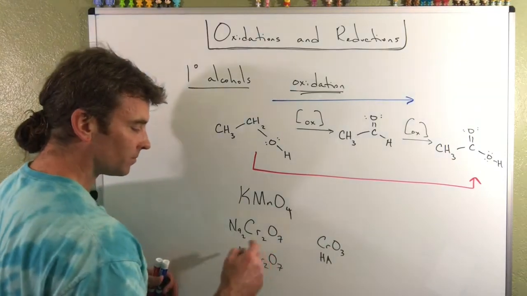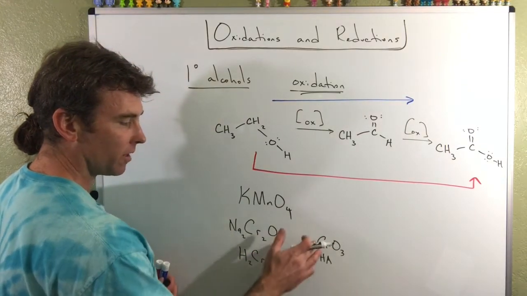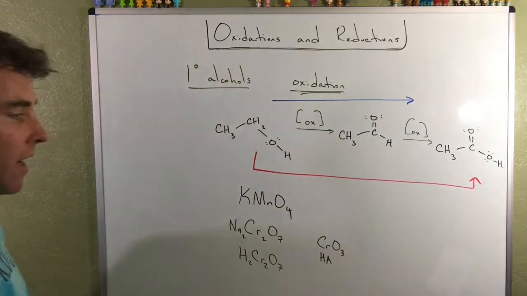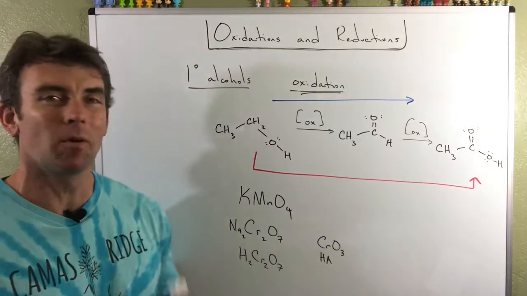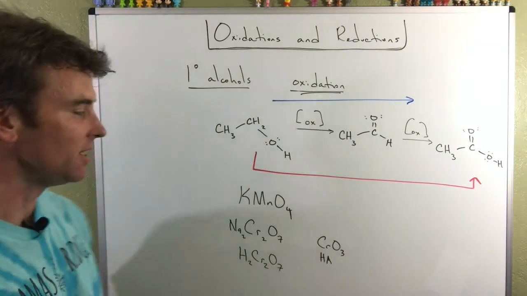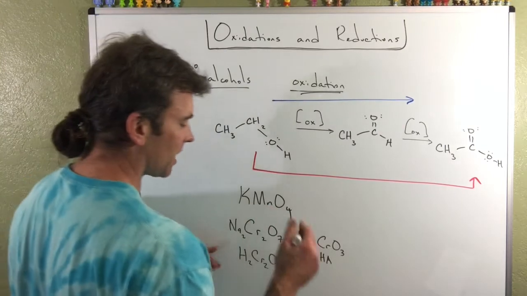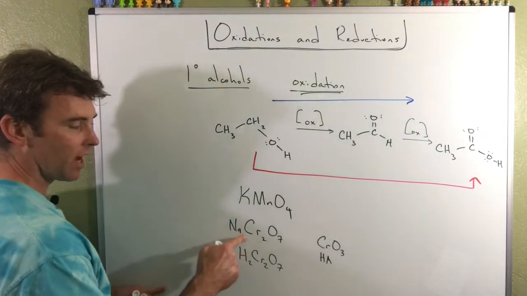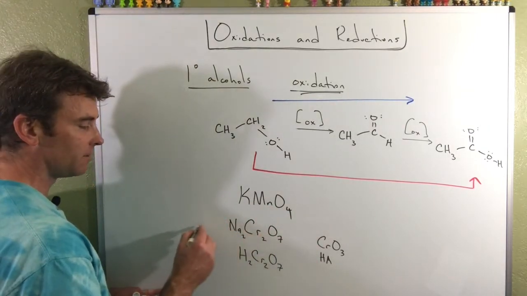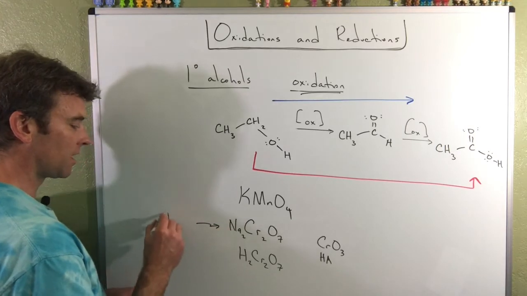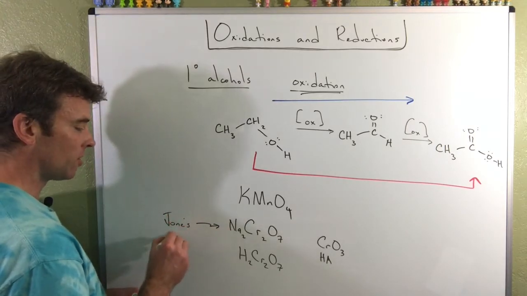All these things are pretty much equivalent. What you're looking for is just a normal chromium-6 type species. And oftentimes, anytime you've got this species with a little bit of acid, you might see it abbreviated as Jones reagent.